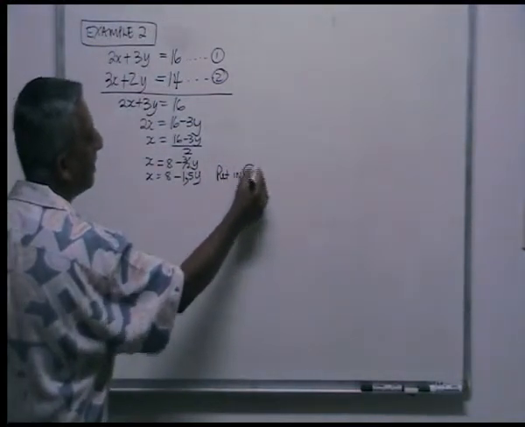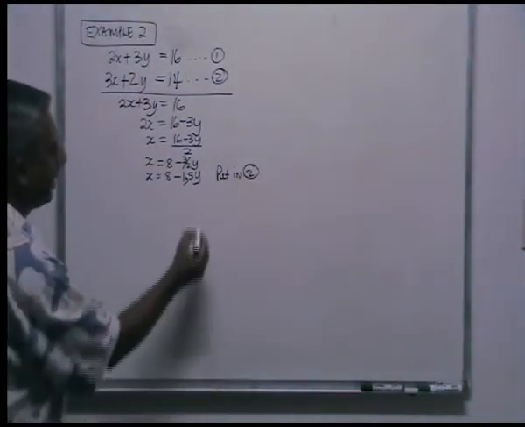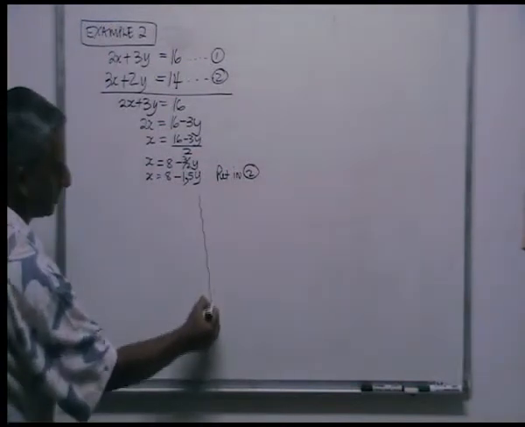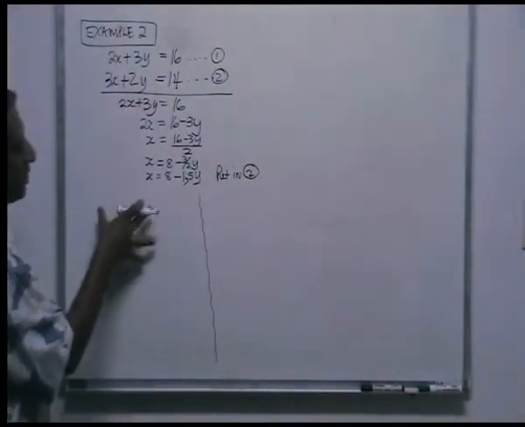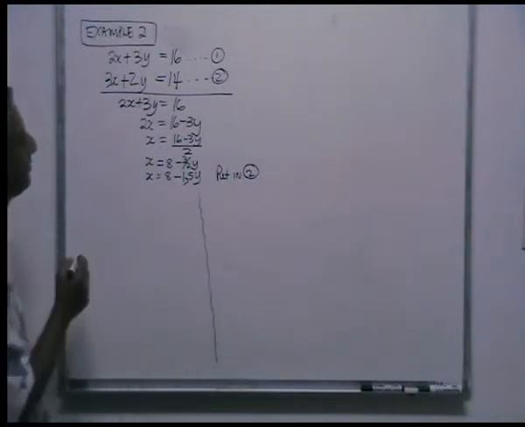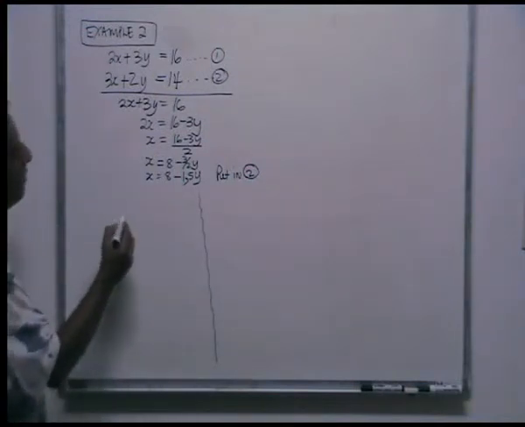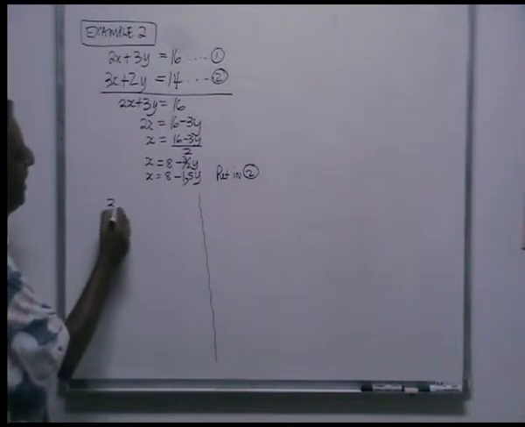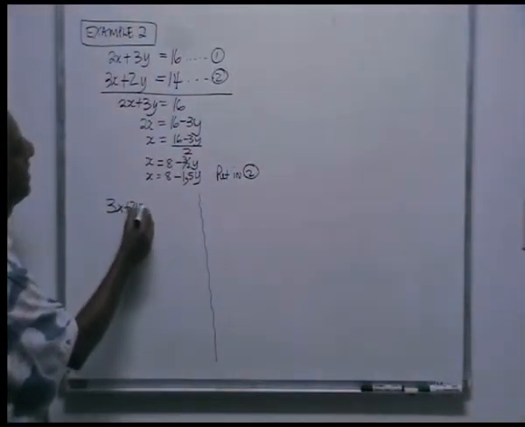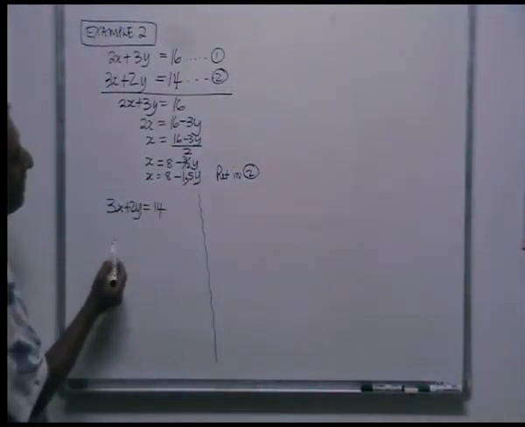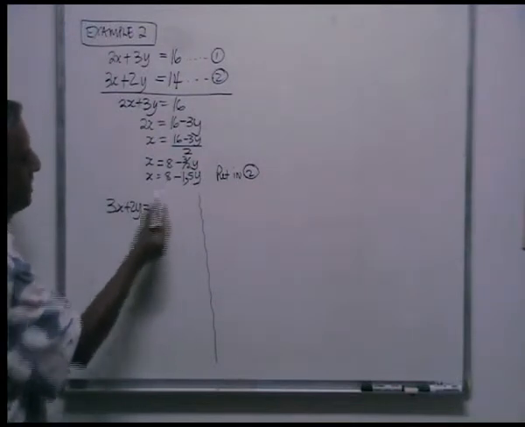Now I'll need extra space. I'm going to work here, and then I'm going to go there. So let's write number 2 down. Number 2 is 3x plus 2y is equal to 14. So that's what I must put where there is x.